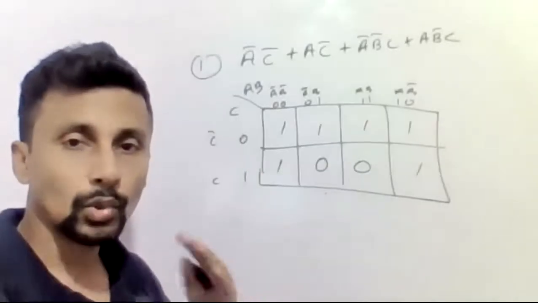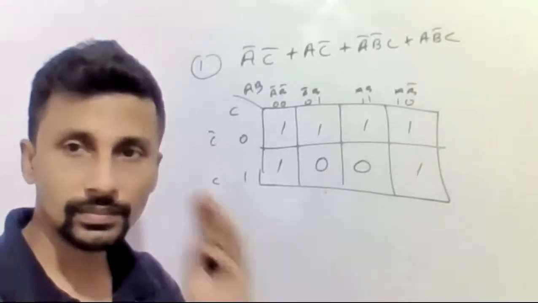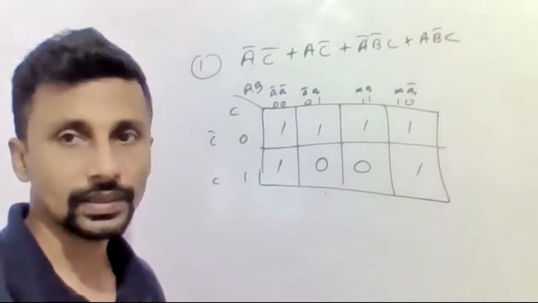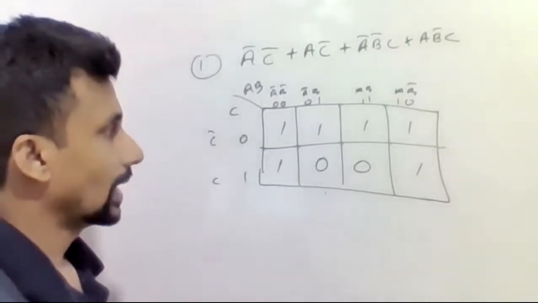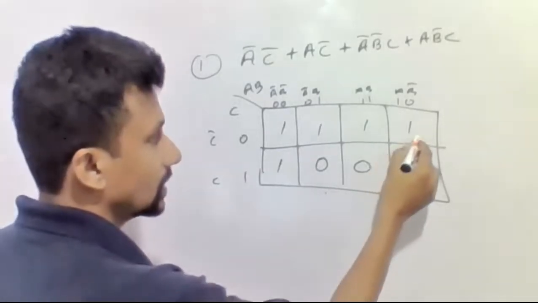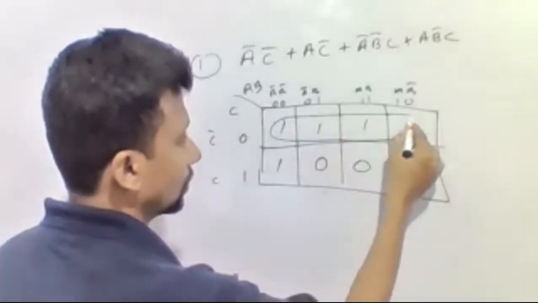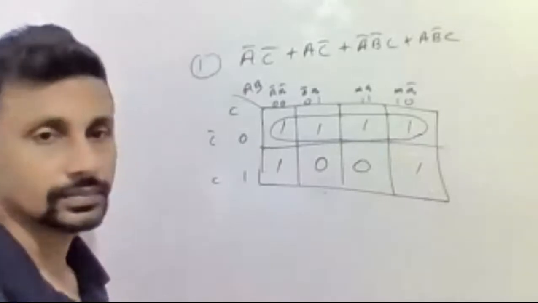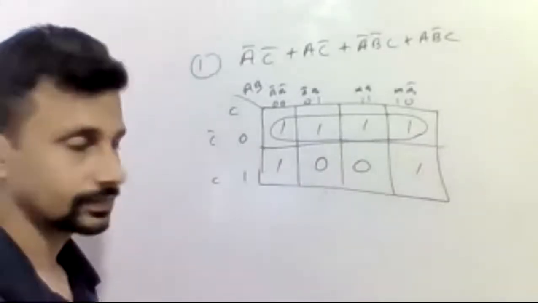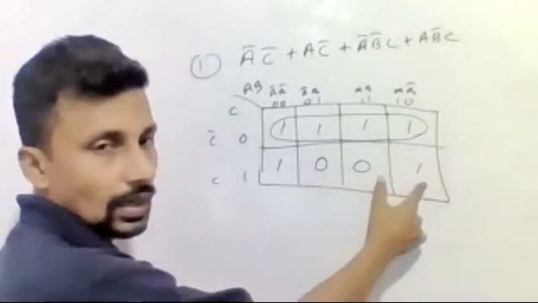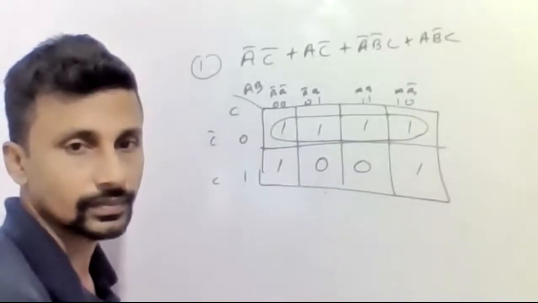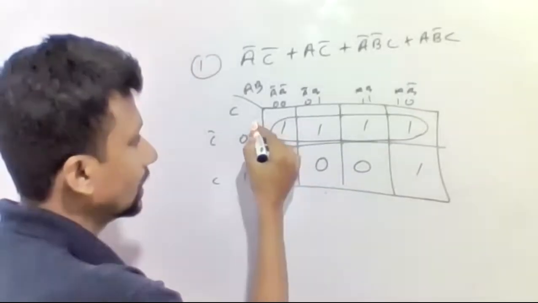Then I am going to group that. When you are grouping, make sure you group it properly. I am creating one group. This is one group, the largest group ever. Then the other group, these two, I can group like this.